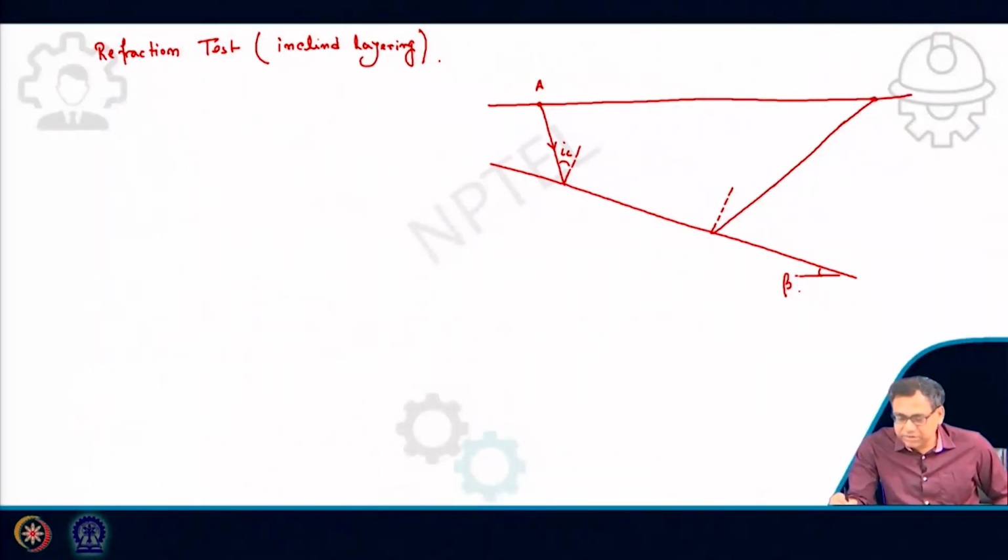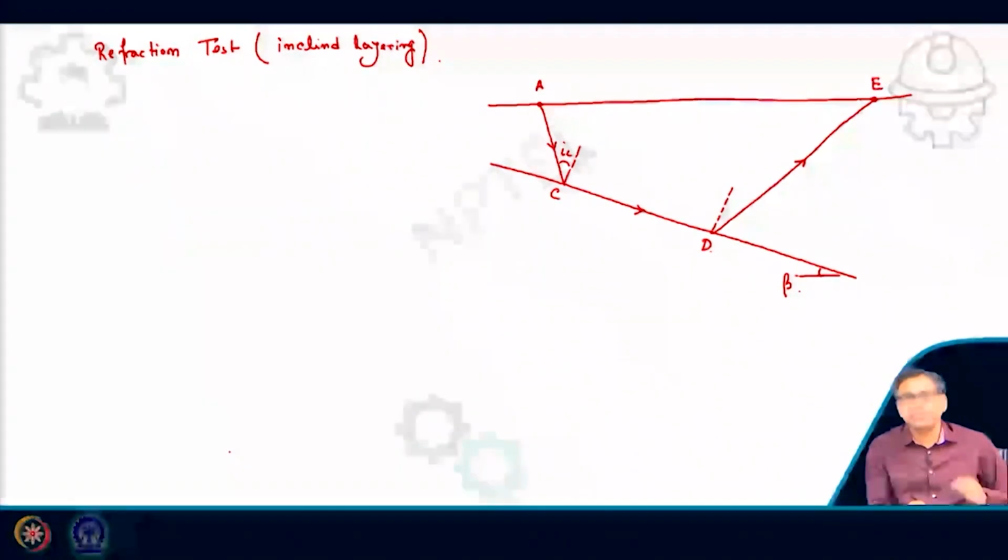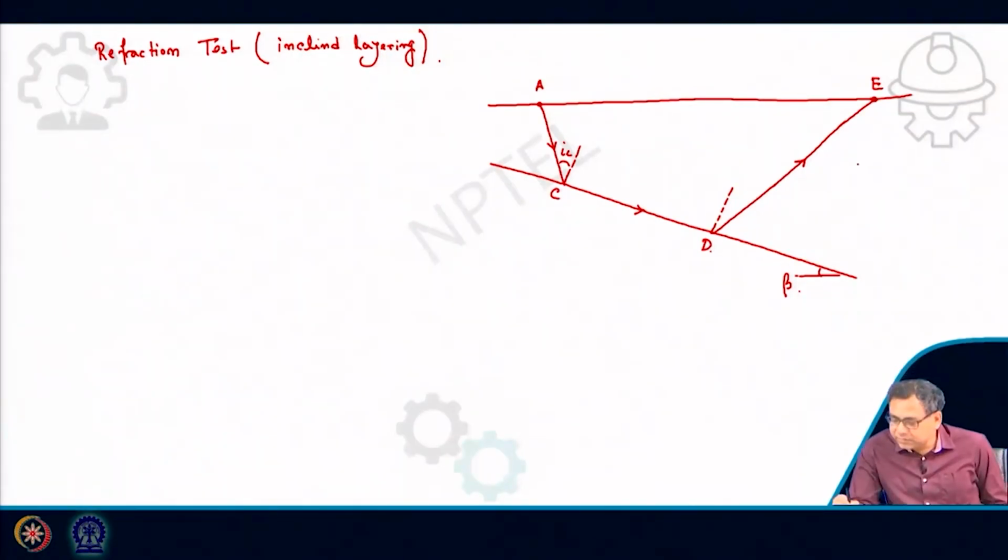This is the position of the geophone E. This is A, this is C, this is say D. It will follow this path. This is layer 1, its velocity is say Vp1.